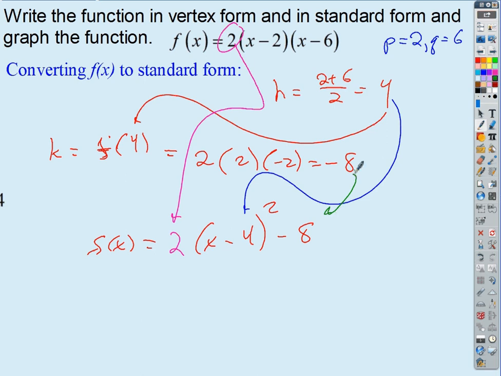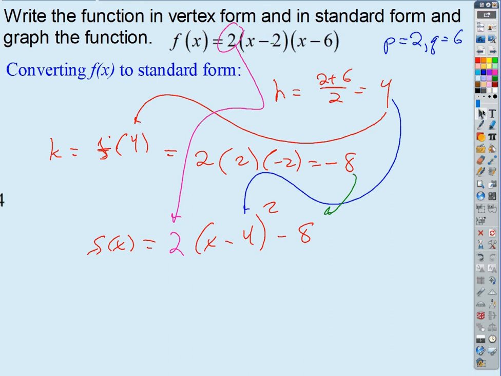When I plug h into my function: if I plug 4 in, I'm just getting 2 times 4 minus 2 times 4 minus 6. So that's factored to vertex. Of course, if you want to do a little extra work, you could put it into standard form first and then complete the square, but you don't need to. You can just use this relationship instead.